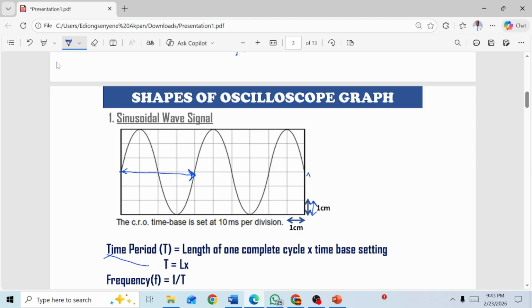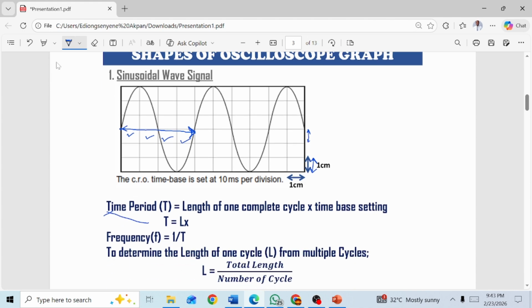For instance, here each box is a square of 1 centimeter by 1 centimeter, meaning if I have 4 boxes, it will be 4 centimeters. The formula to find the period is the length of a complete cycle times the time-base setting.